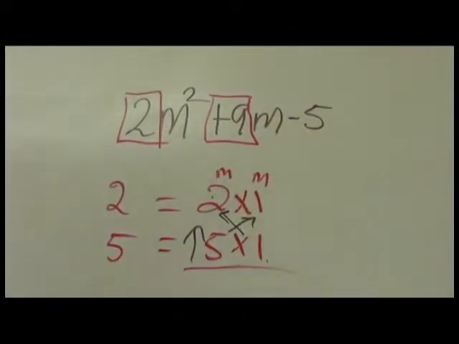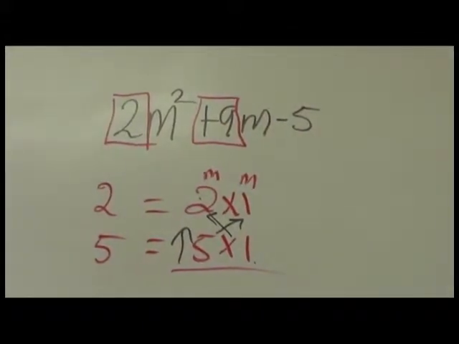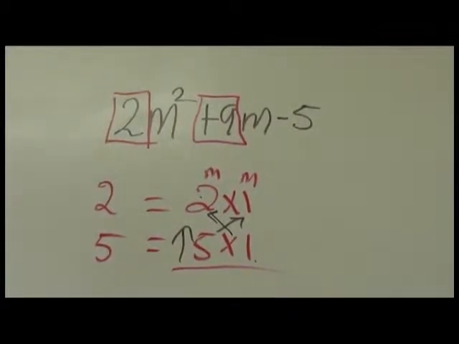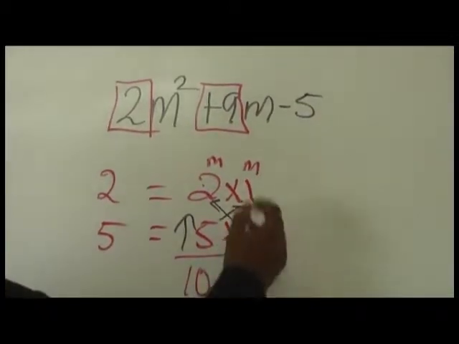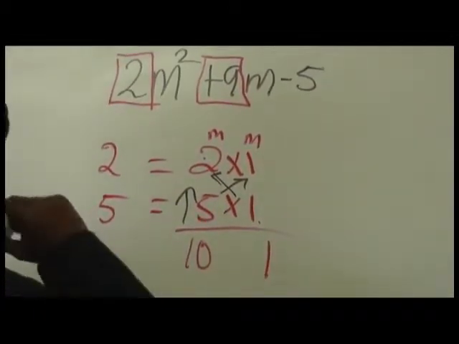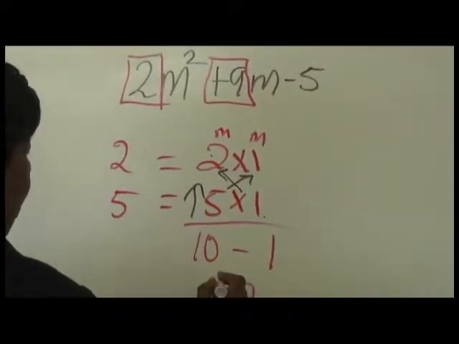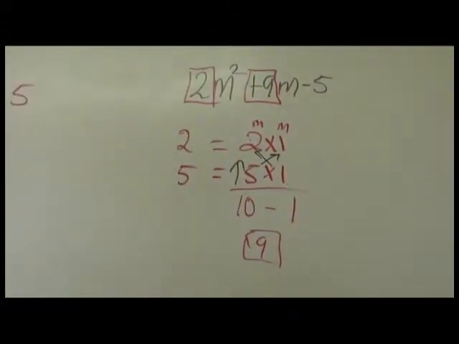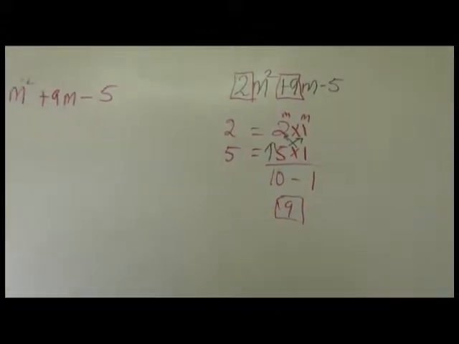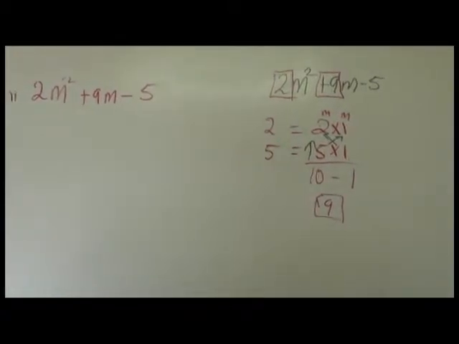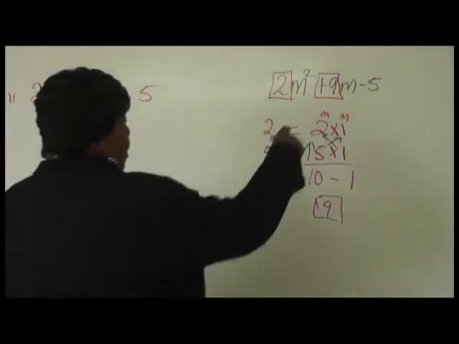I apologize, grannies, because we're taking you through something you don't know as yet, but my performers do. We want to get a 9. If we go vertically, 5 times 2 is 10, and 1 times 1 would give you 1. If we subtract, we're going to get 9. So we know that's the correct combination, 5 times 2 and 1 times 1, and then we subtract, and we get our 9, the coefficient in the middle.